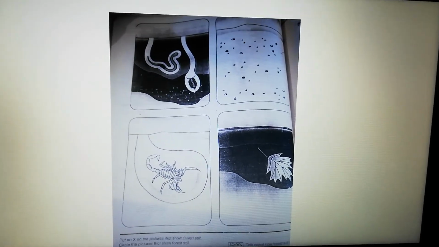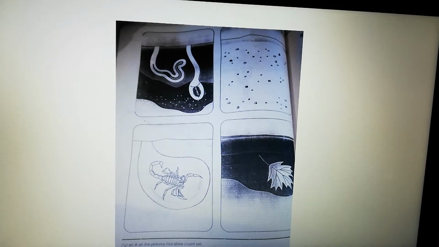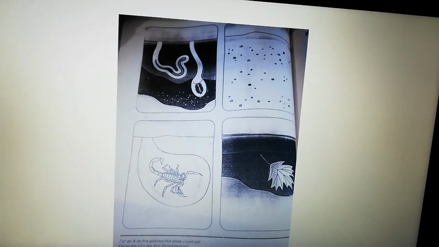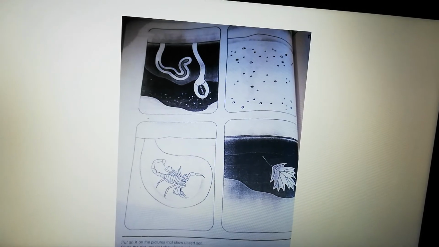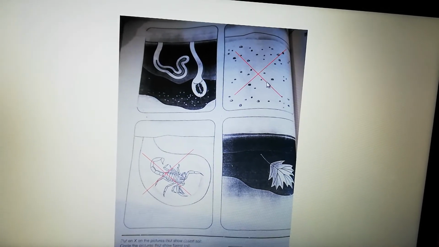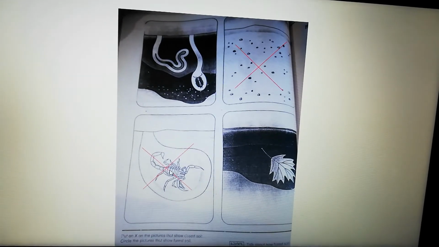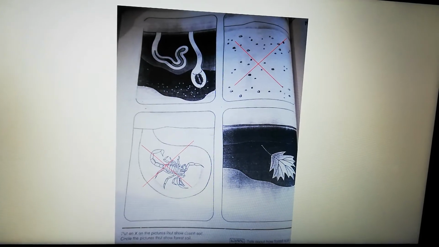So they are asking you to put X on the picture that shows the desert soil. So the pictures that show the desert soil are this one that has the stone and the scorpion. So these are found in the desert soil.